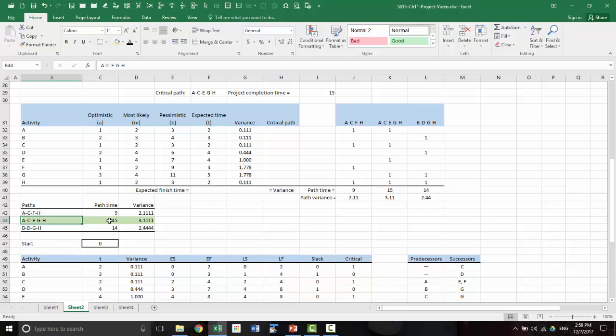The first week you will reduce the project completion time from 15 to 14. But the second week when you crash, this path will go from 14 down to 13. But this will become critical, and the project completion time will not change from 14. So the first week there will be an effect. The second week there will not be any effect at all. The project completion time will not go down beyond 14.